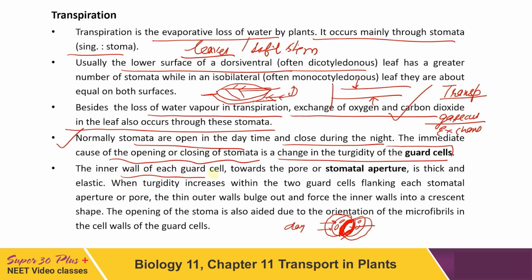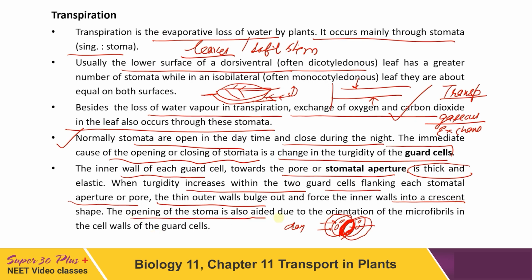The inner wall of the guard cell towards the pore, the stomatal aperture, is thick and elastic. When turgidity increases in the two guard cells, the thin wall will bulge out, and in that way the stomata will open in a crescent shape.